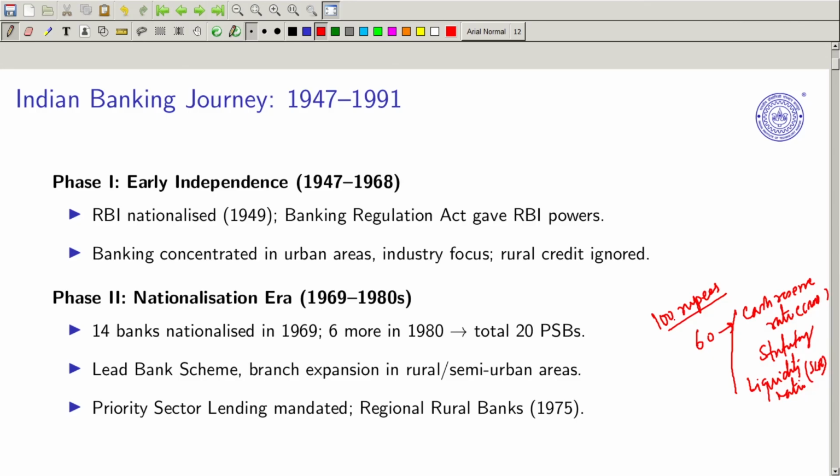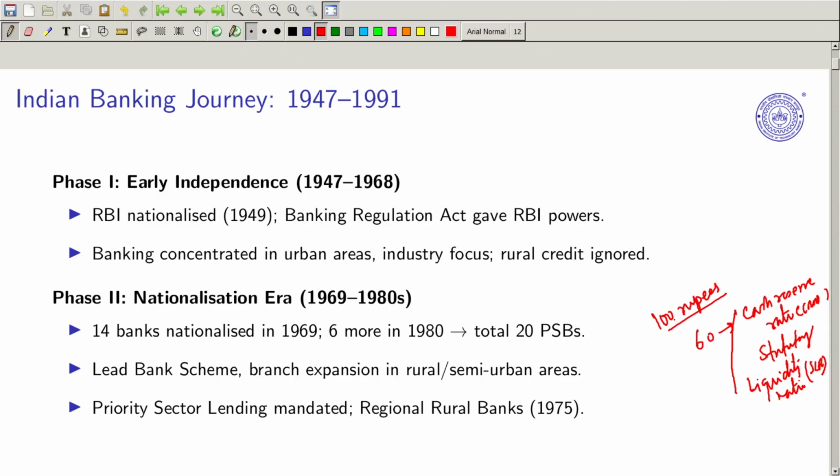So we saw that the first phase started with a private sector dominated banking system in 1947 and after, with around 5,000 banks, but then we nationalized banks. First 14 banks were nationalized in 1969, then 6 in 1980, and certain priorities evolved by keeping the ratios high.